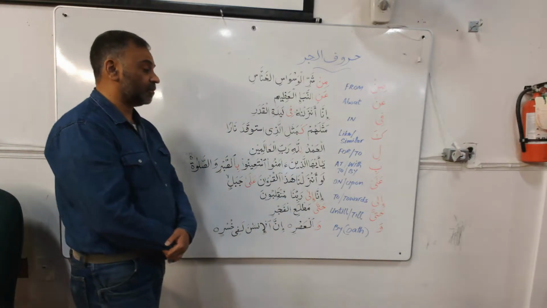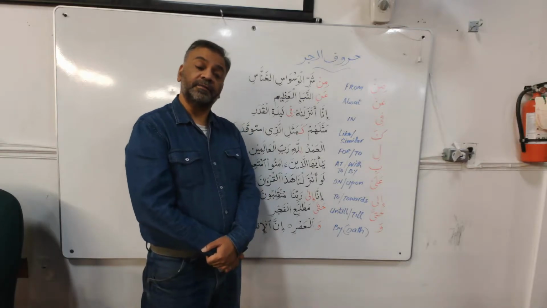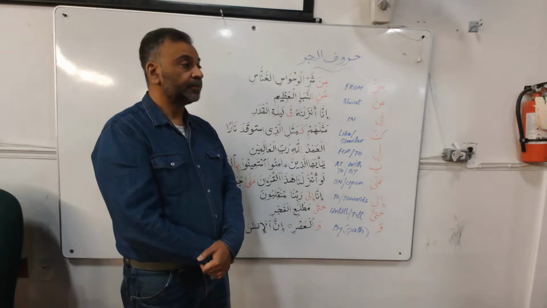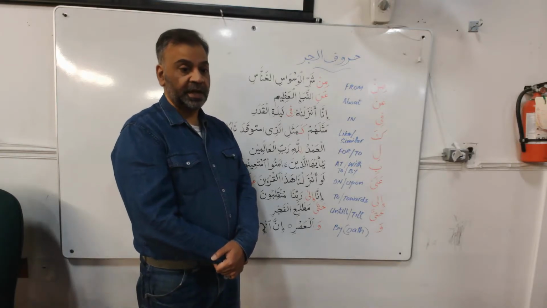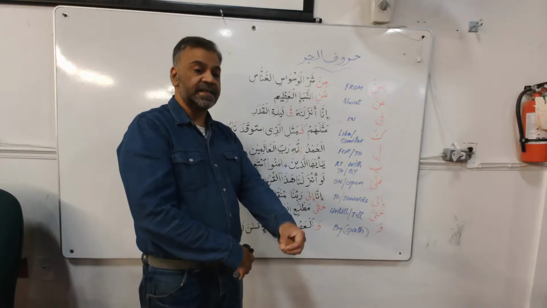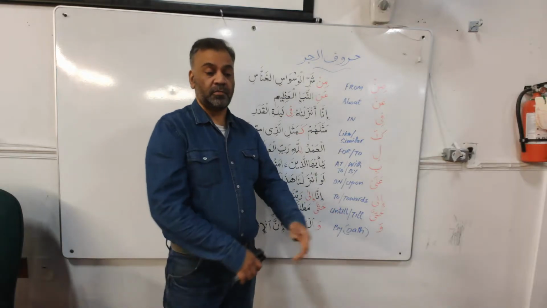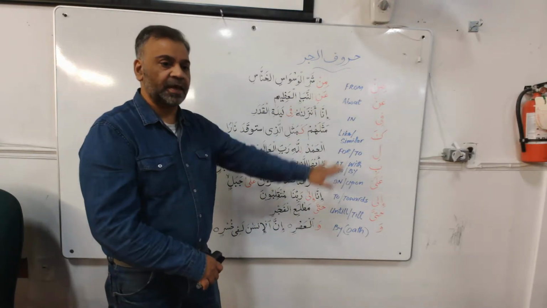Now, we know va is harfu atfin, particle of conjunction. But va has another function. It can manifest itself as wawul qasam, or by oath. And we'll do a lot of examples there, inshallah.